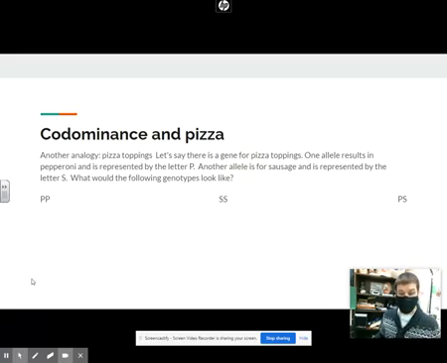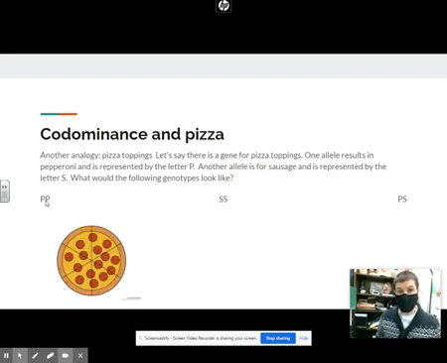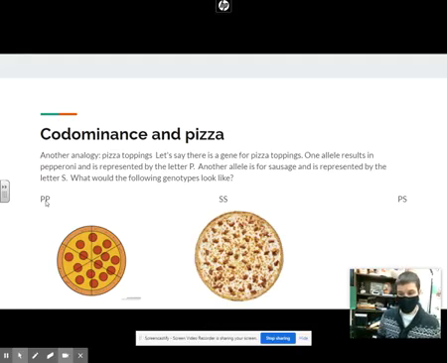So if I have a genotype down here, indicated by big P, big P, what would the phenotype be? So we have two copies of the pepperoni allele. Well, because there's nothing else present, we're going to see a pepperoni pizza. That's what we observe. That's the phenotype. What about a homozygous sausage pizza? Well, you're going to see the sausage phenotype displayed.